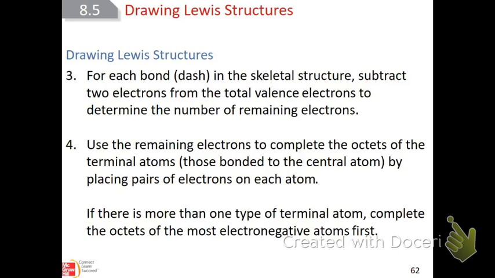Okay? And then you're going to use those electrons to make your octets, your 8, around your central atom first, and then around your terminal atoms, and the terminal atoms are those at the end. Okay?